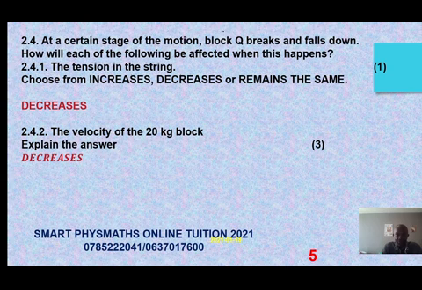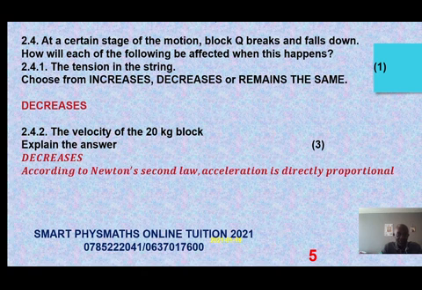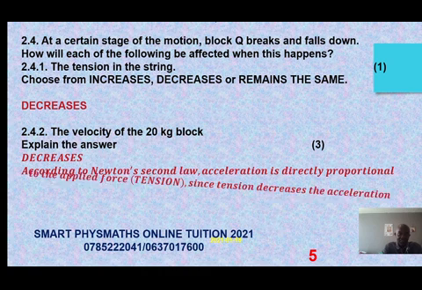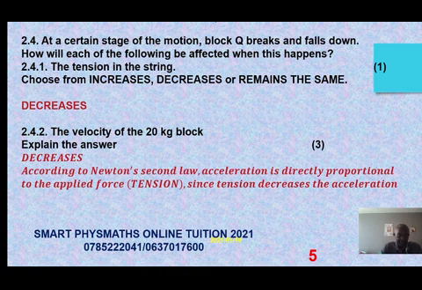So our acceleration is proportional to the tension, right? But we have said that the tension is decreasing. So if the tension decreases, even the acceleration will decrease. And that's why in this particular case our speed will also decrease.